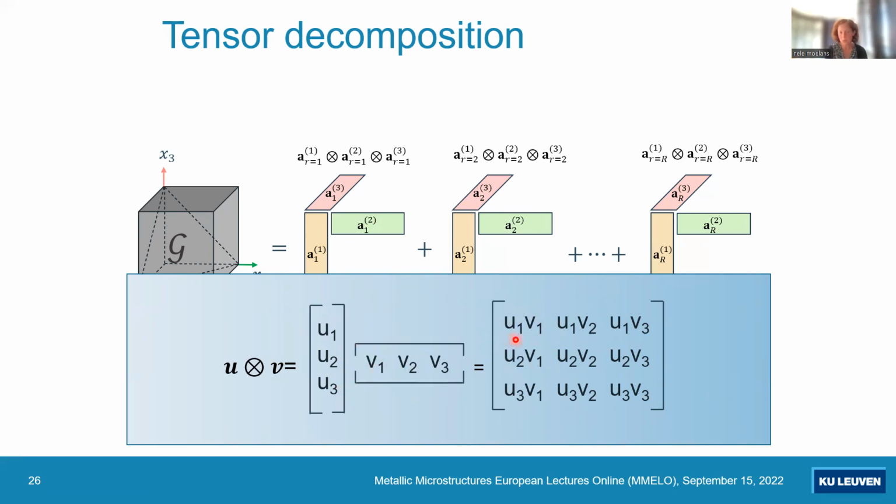Then at the first position, you get the first element of the first vector multiplied with the first element of the second vector. This element is the first element of the first with the second element of the second, then the first element of the second, and so on. So this is the outer product.